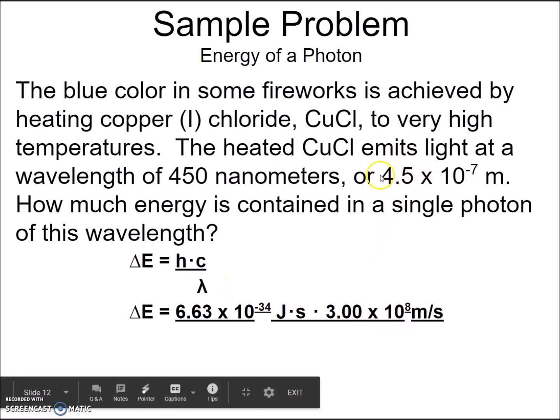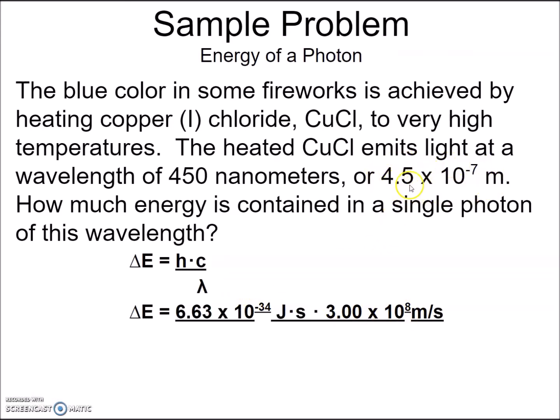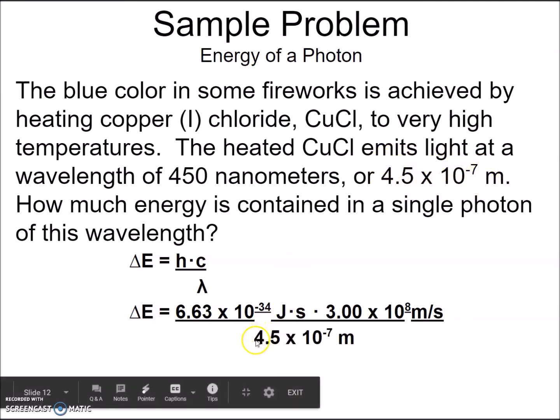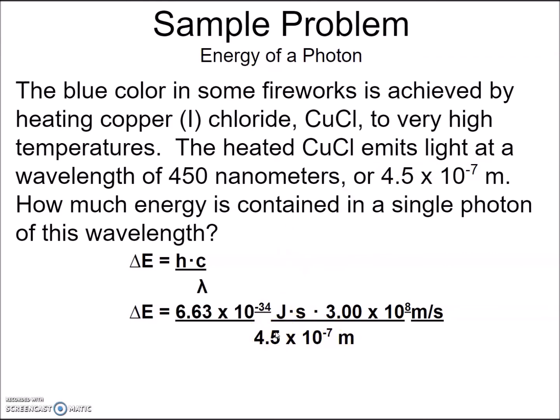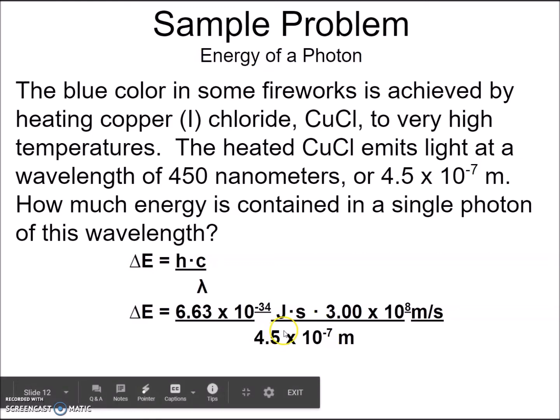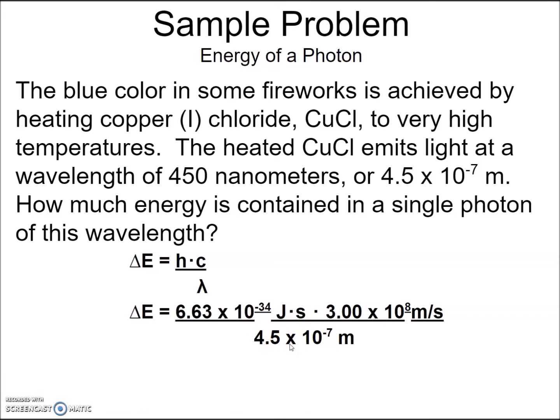What's different this time is the wavelength of light. This time, instead of green light, we're dealing with blue light, which, if you look at a picture of the electromagnetic spectrum, will put you somewhere around 400 to 450 nanometers, which translated into meters is about 4.5 times 10 to the negative 7th.